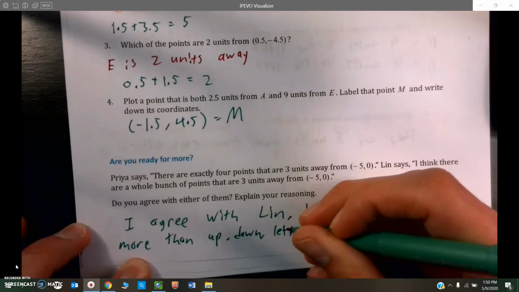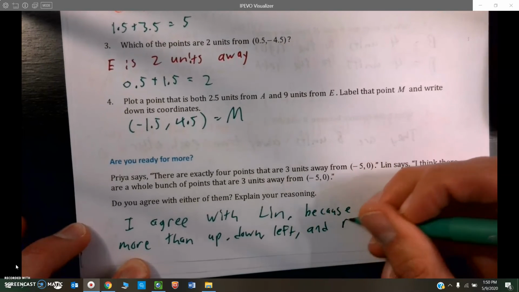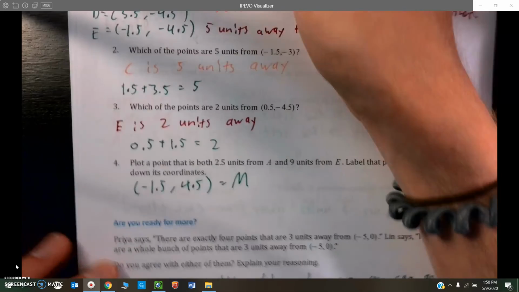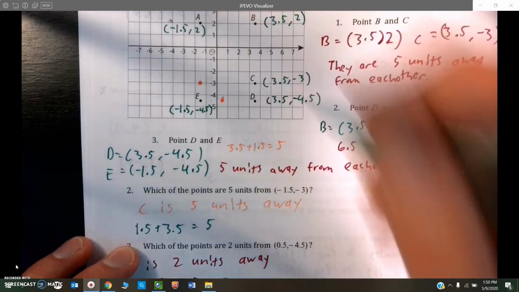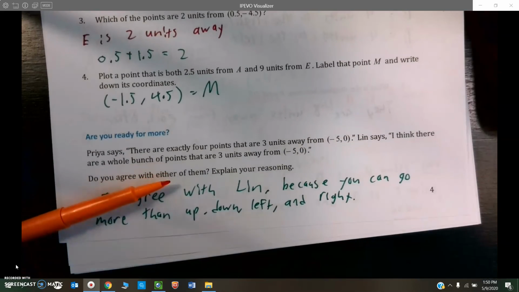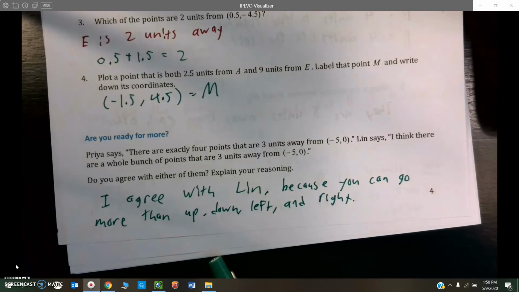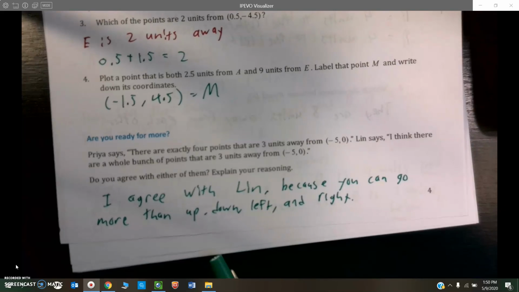Right now, we're just working with up, down, left, and right, but in theory, you could go diagonal. There is such a thing as diagonal distances, which we're not going to touch on this year, but in theory, there are more than 4 points that are 3 units away from something.